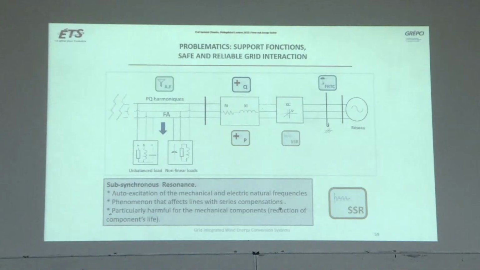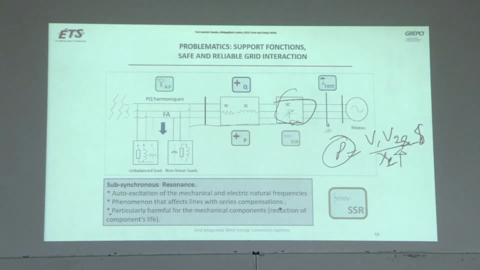Subsynchronous resonance: this is what I wanted to tell you. P is equal to V1 V2 divided by XL sine delta, this is what you use, right? If it is a long line, maybe 200 kilometers or so, then the inductance of the line increases and it limits the power transfer.